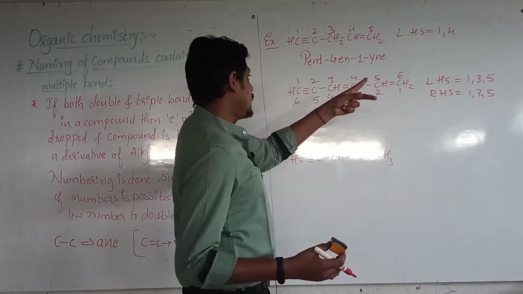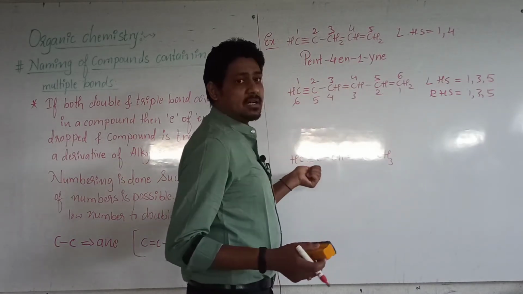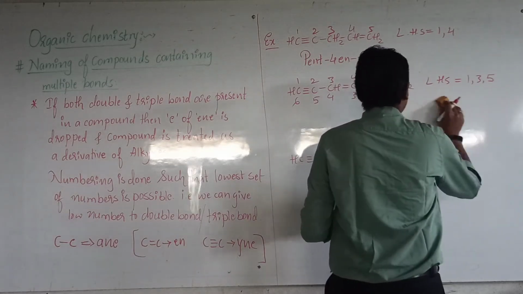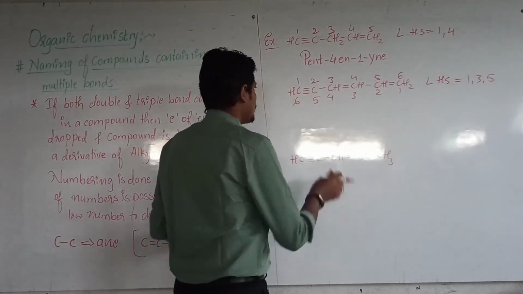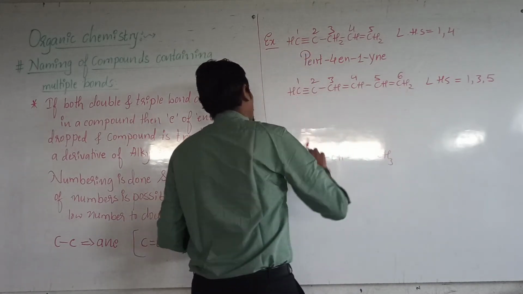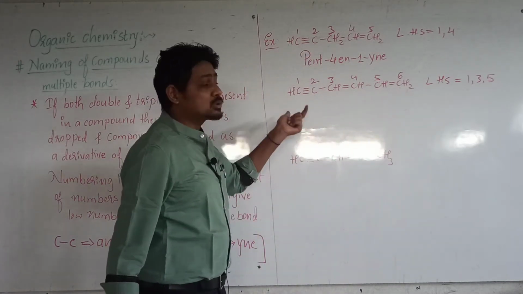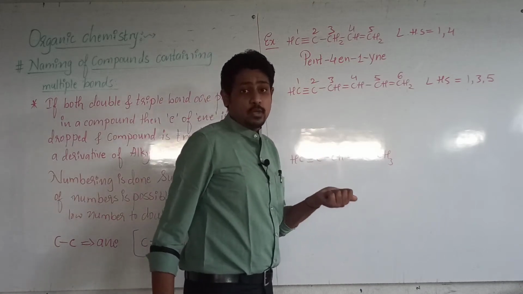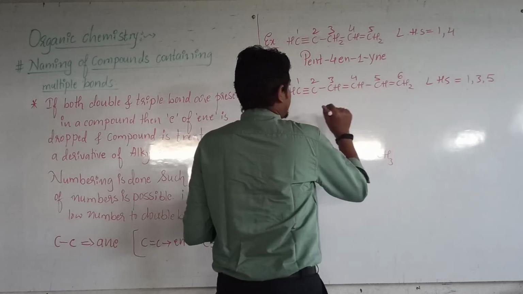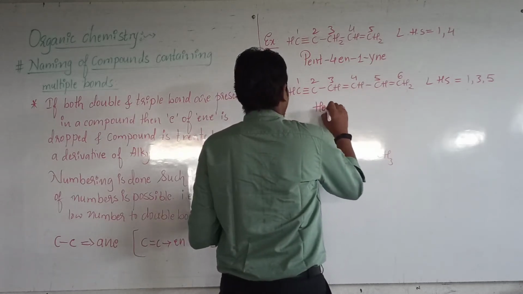So when a double bond and a triple bond are present at equivalent positions, give importance to the triple bond. So again I will move from the LHS side, but this time how many double bonds are there? 2 double bonds are there. When a double bond is present 2 times, what is the suffix that you use? Di. Then how many carbon atoms are there? 6 carbon atoms, so hex.